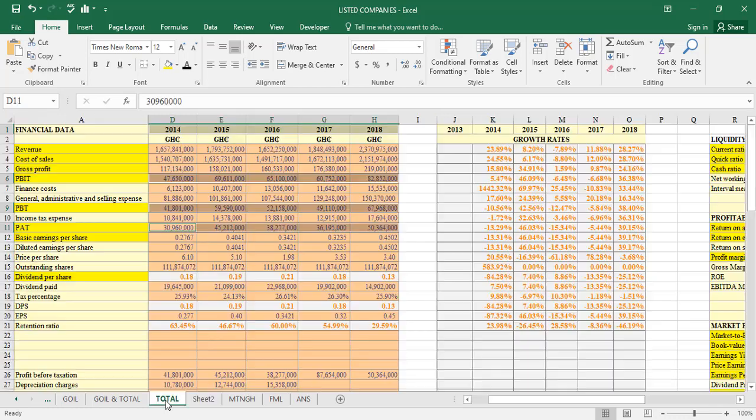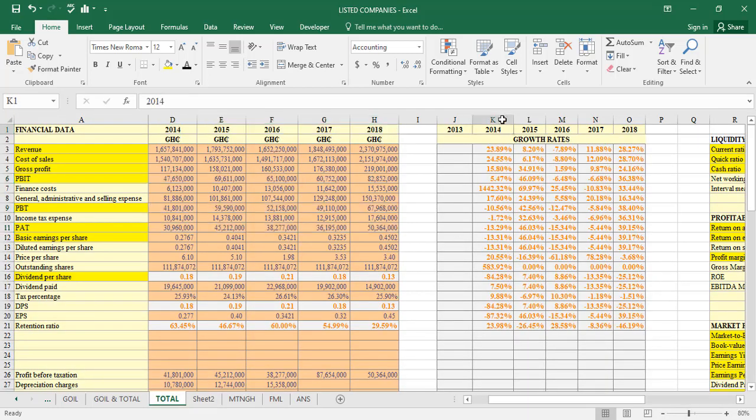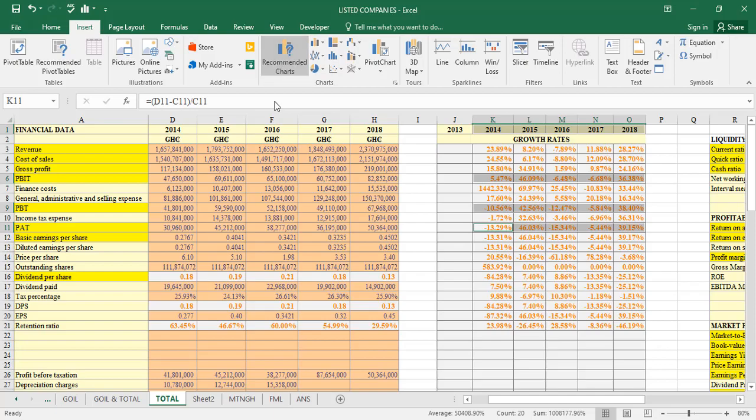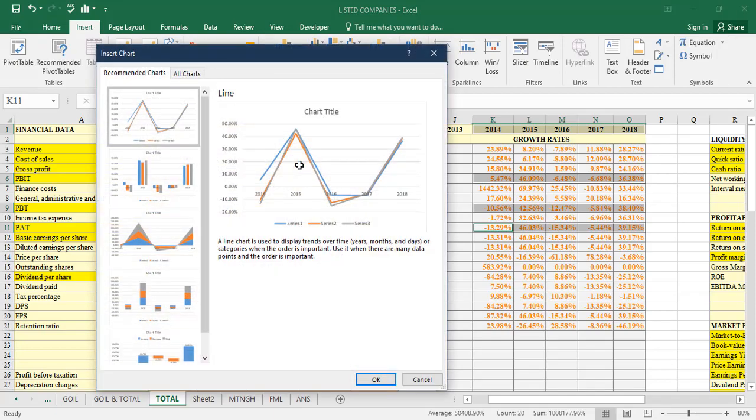Now let's look at the growth rate, how they have been increasing this amount. So we have our PBIT, we have PBT, we have PAT as well. So let's look at how the company has grown its profits.